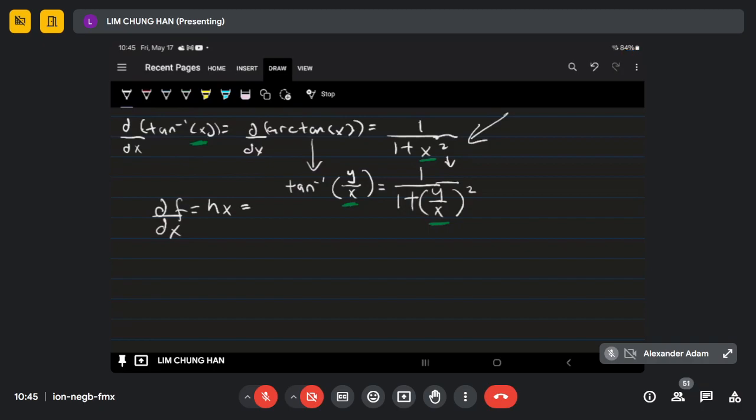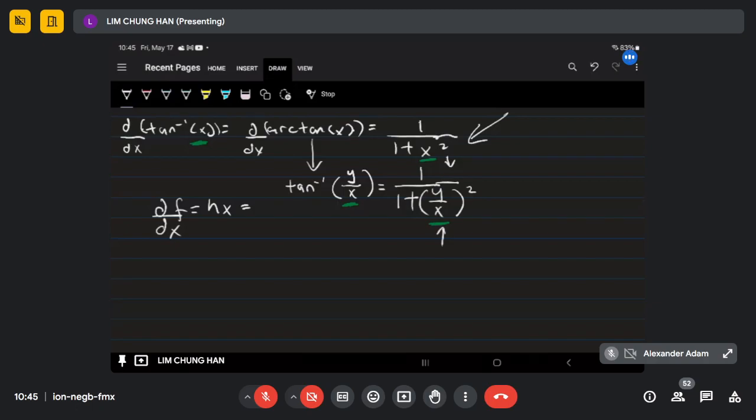Differentiate. Yeah, you have to differentiate what? There's something you have to do for that number inside there.